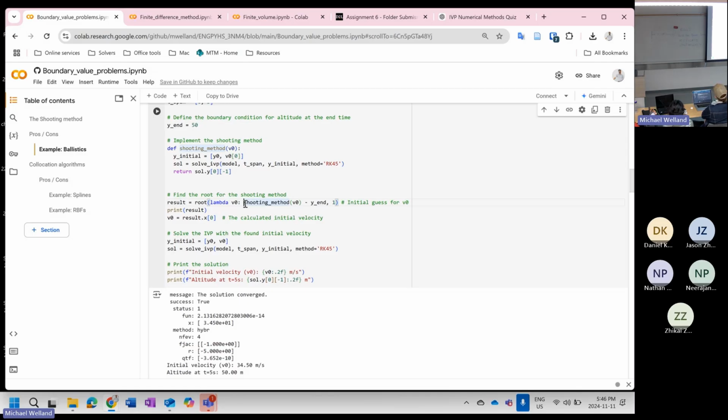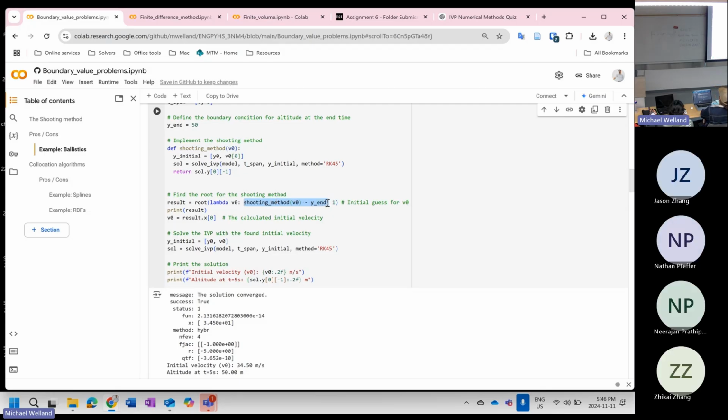So lambda is called an anonymous function. You create a nameless function. It takes v naught and it evaluates this other function, which is the shooting method, minus your boundary condition at the end. Right? So it's just a way to conceptualize that and pass that function as an argument to something like a root finder. Just a nice little shorthand.